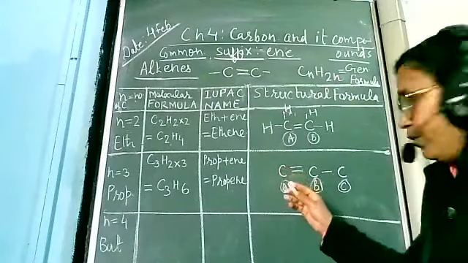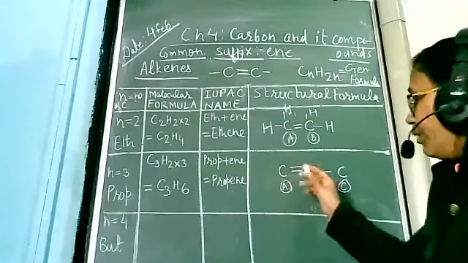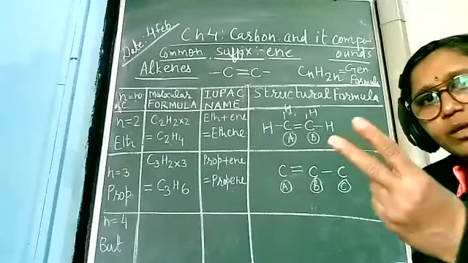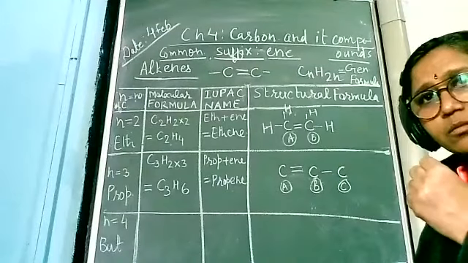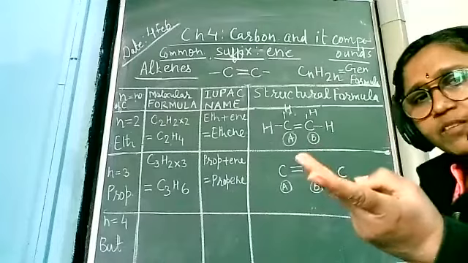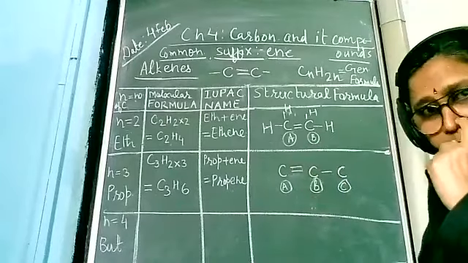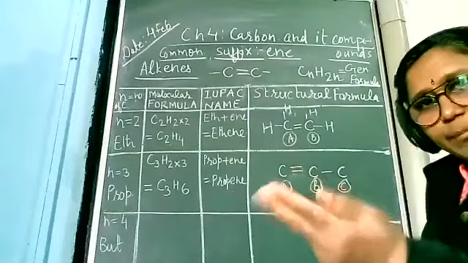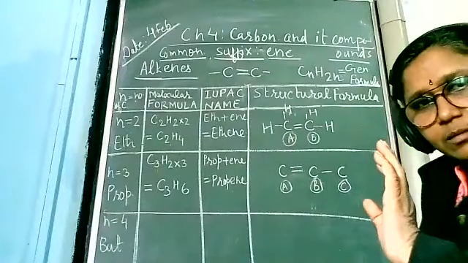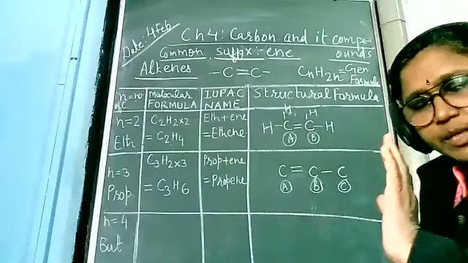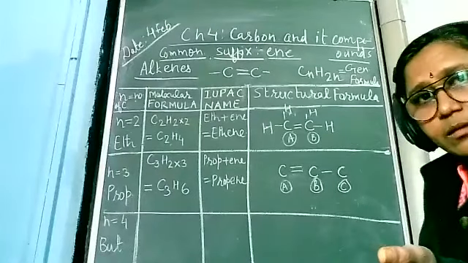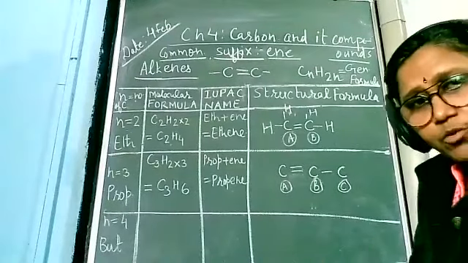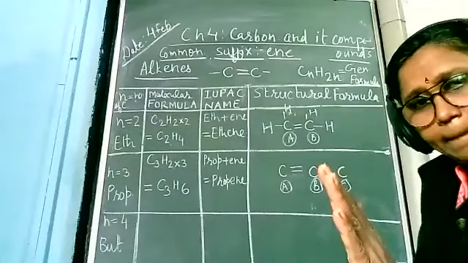Little hint I am giving you. 2 already it has shared with B. Now it needs only how many electrons? Ma'am, 2. So to whom will it share? To hydrogen. 2 already shared with B. So it will share with hydrogen. Clear?